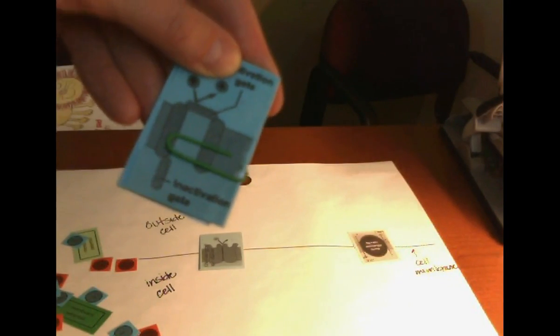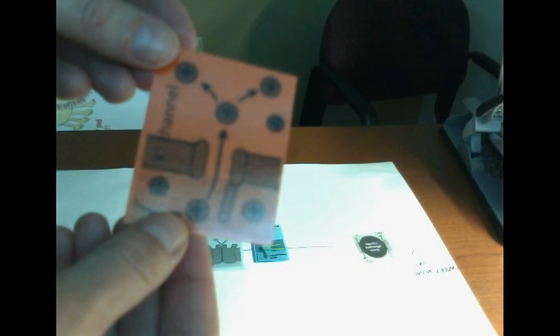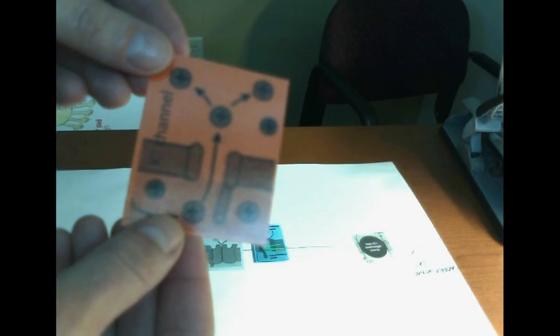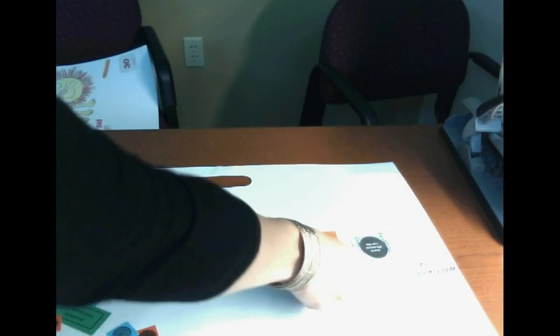And I use a little paper clip to put it into place. And then the last one we're going to look at is the voltage-gated potassium channel here. You notice this also has 2 sides. Here it's open, and here it's closed. And so we're going to put that on the membrane too.